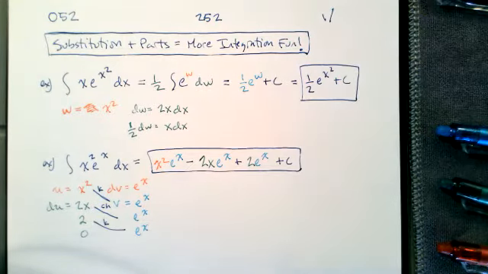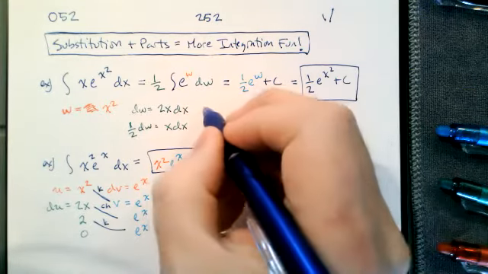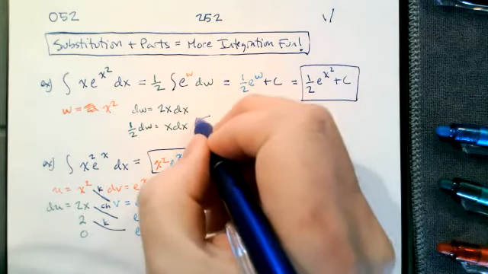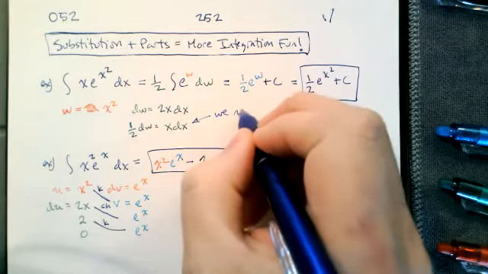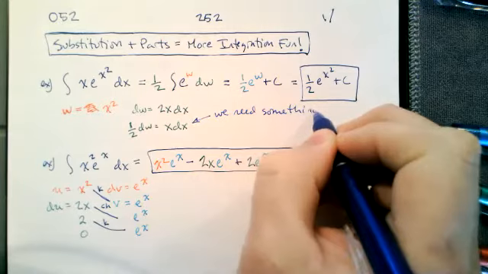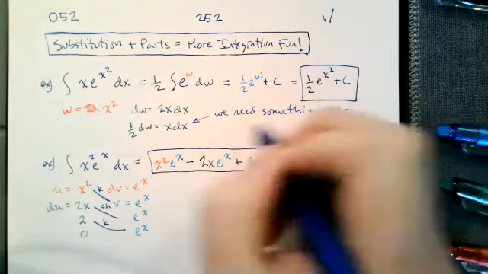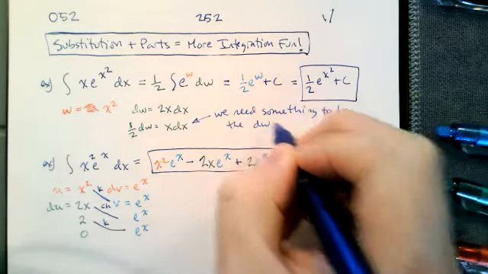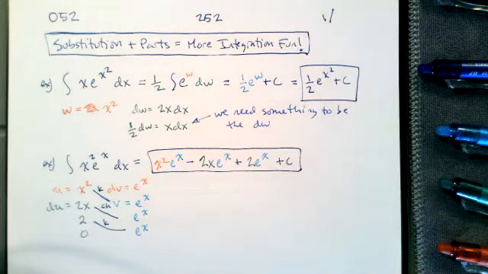So in substitution, we've got to remember we need something to be the dw. We need some part of the function we're integrating to contribute to the dw so that we can integrate in w.